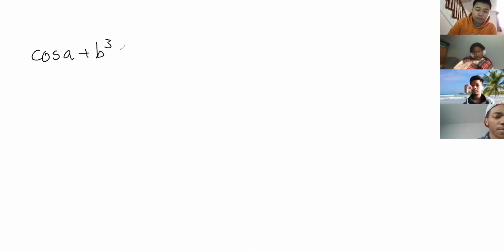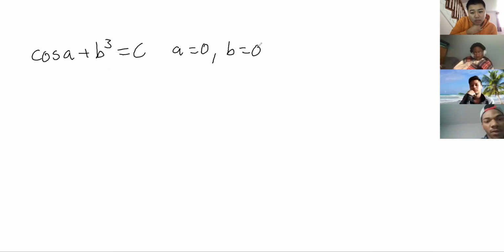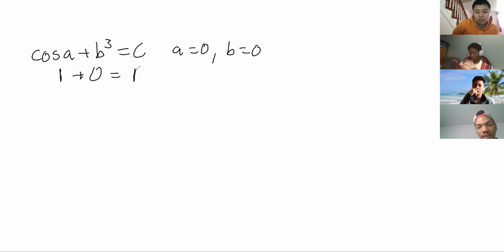So when a equals 0, cosine 0 is 1, right? 1 plus 0, so that's gonna equal 1. Yeah, c equals 1. And then for b, it would just be cosine of a.